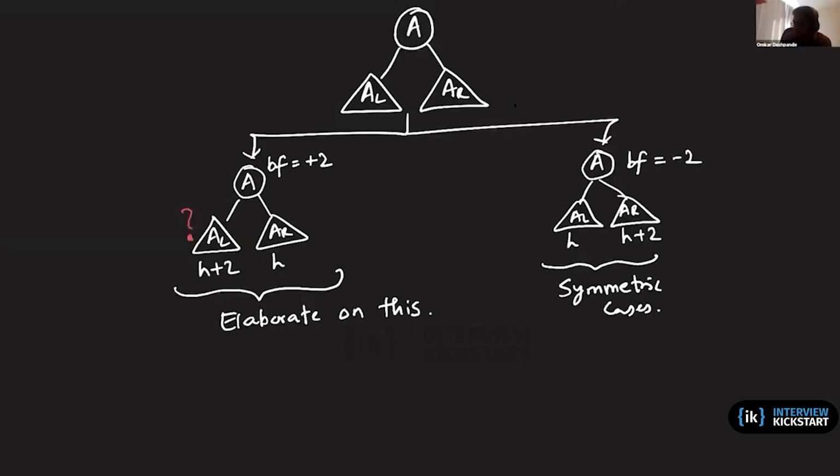If I zoom in one more level, actually, let me draw it here. I'm just going to show it as being composed of a root node B and a left subtree B sub L and a right subtree B sub R.